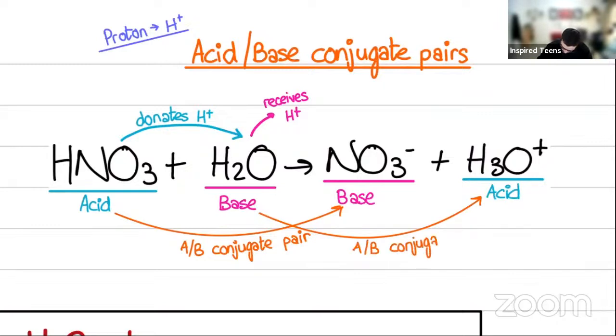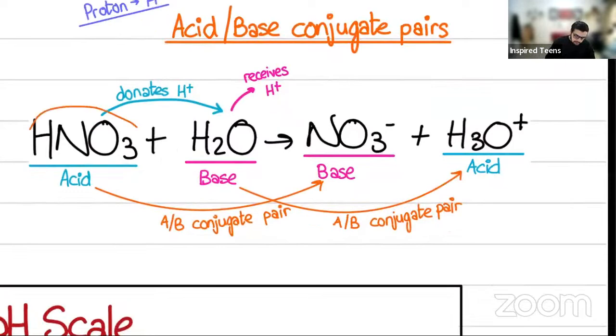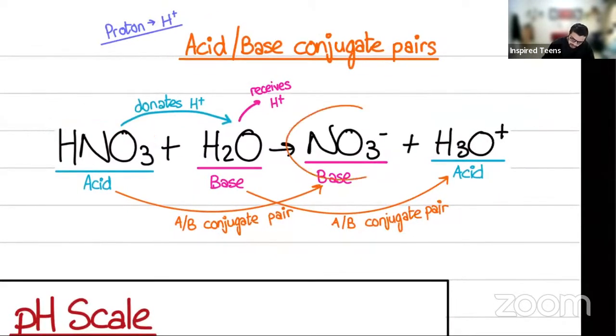So in an acid-base conjugate pair, one has to be an acid, one has to be a base. Once you've identified the acid or base on either side, whatever that compound was on the other side, left or right, would be the opposite. So here we've identified, for example, HNO3 as an acid, and whatever it becomes on the right-hand side would be its conjugate base.